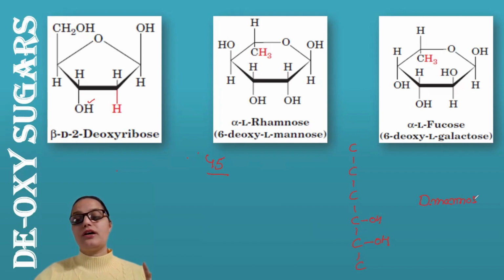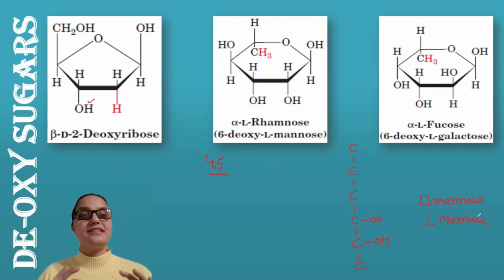When I want to talk about L-mannose, the code will remain the same, but for L-mannose, this code will tell us the carbon positions on which OH groups are on the left hand side.